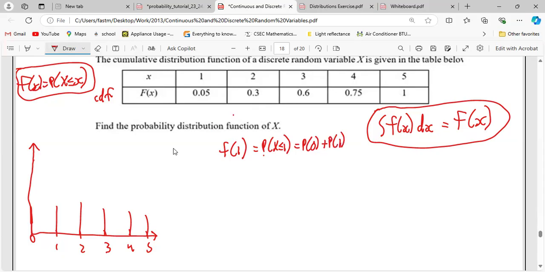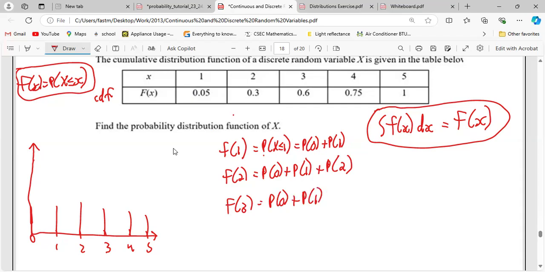I have no value for every single thing in between. So that is this here. Capital F of 2 is P0 plus P1 plus P2. Keep going. F of 3 is P0 plus P1 plus P2 plus the probability of 3.